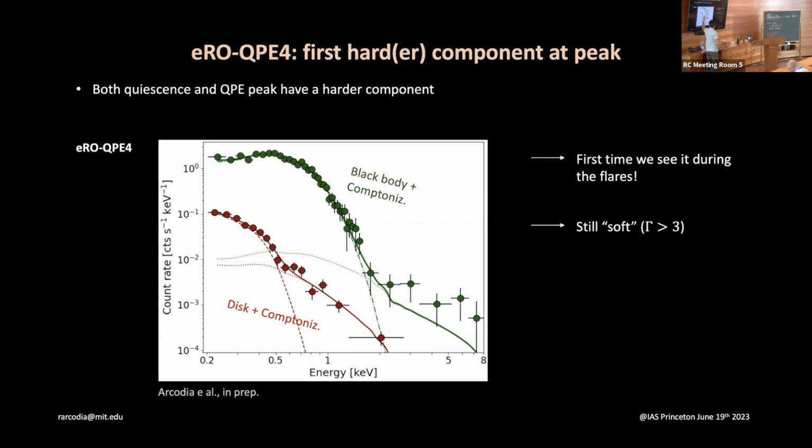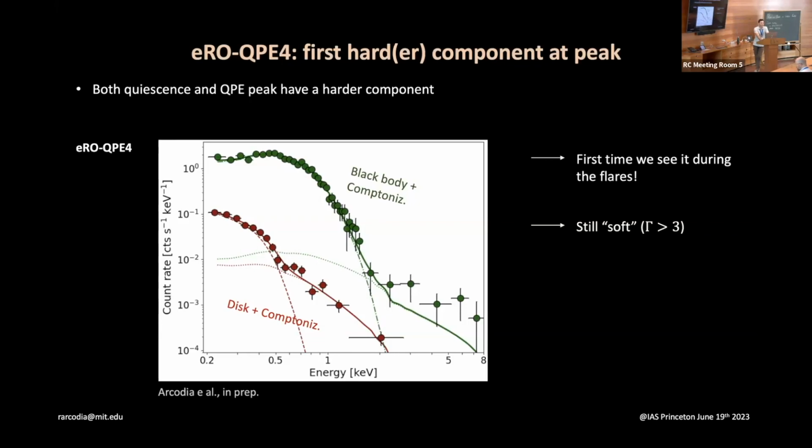If you want to model this as a Comptonization of this component, it's still a softish power law, maybe more than 3. It's not really constrained, but there is definitely signal there. I don't think we observed it before during the peak of a QPE to this extent. Maybe we always found some excess counts around 2 keV compared to a thermal spectrum, but you can't really fit anything there. But this is for the first time something that pops up.